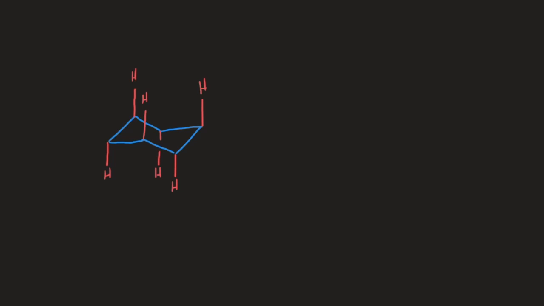Then I want to take care of my equatorial hydrogens. Remember that they're going to be going slightly up or slightly down, and it's in the opposite direction of the axial hydrogen. And so this axial hydrogen is going up, so the equatorial hydrogen on that carbon is going to be going slightly down.